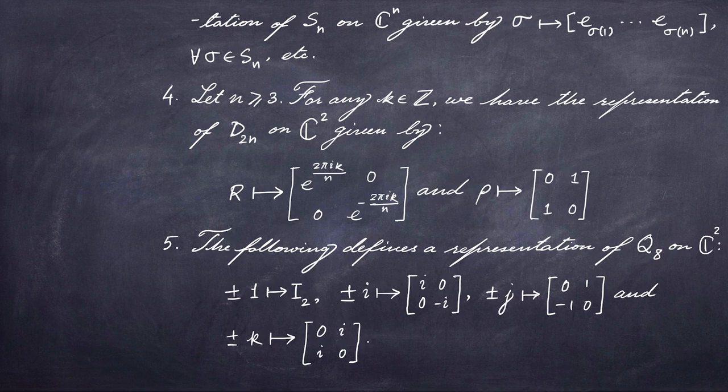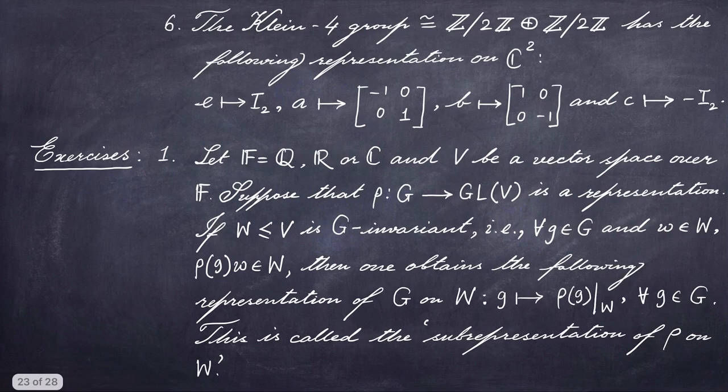All right. So the next example is also of the same spirit. Here we consider the Klein-4 group, which is also quite abstractly defined. But once we observe that this is nothing but isomorphic to Z modulo 2Z direct product Z modulo 2Z, this is the usual direct product.